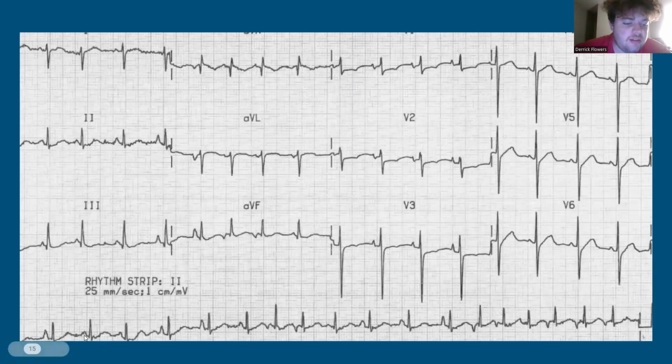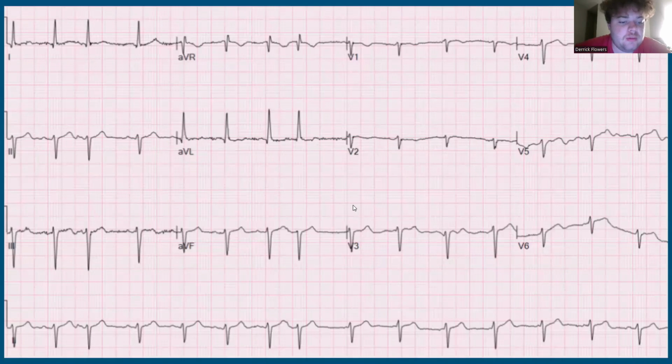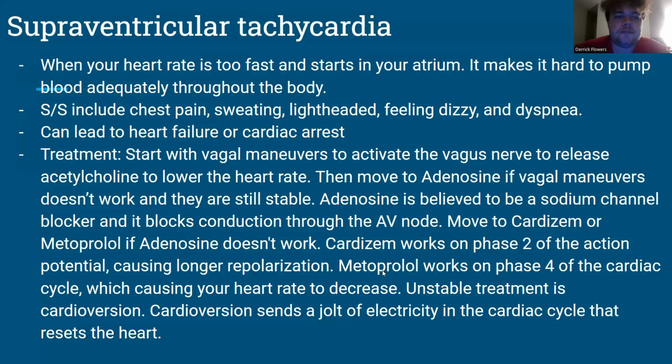The P wave changes every beat. Look at the morphology of the P wave. Every beat that happens, the P wave changes. Last one, wandering atrial pacemaker, aka WAP. You will start to have beats like these or like these, right? Where they're really close together. It looks similar to AFib, but it's only got a couple premature beats.